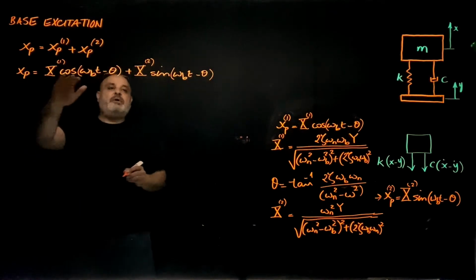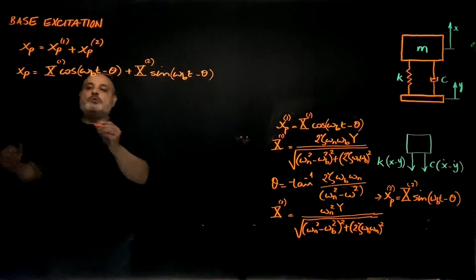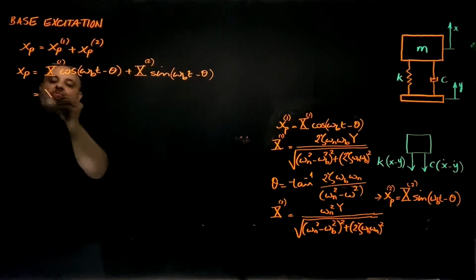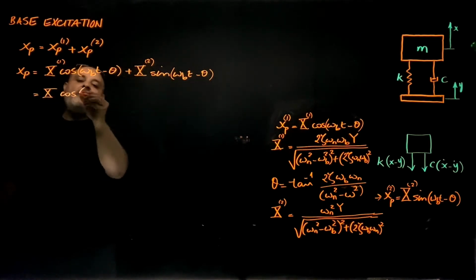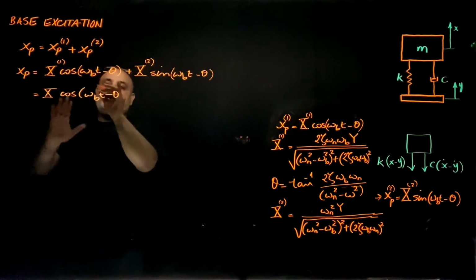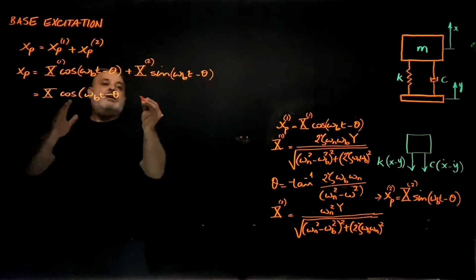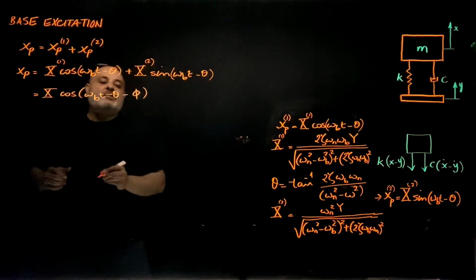Now I can combine both into one cosine wave, x cosine omega b t minus theta, that's the original angle, and because of combining the sine and cosine we added the angle phi.